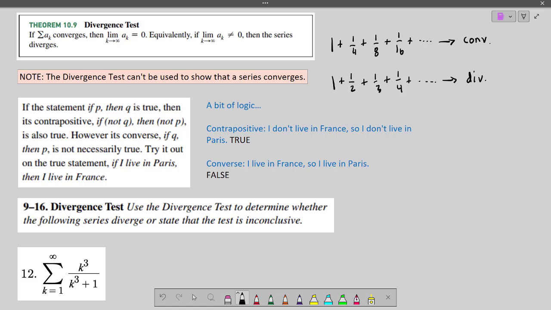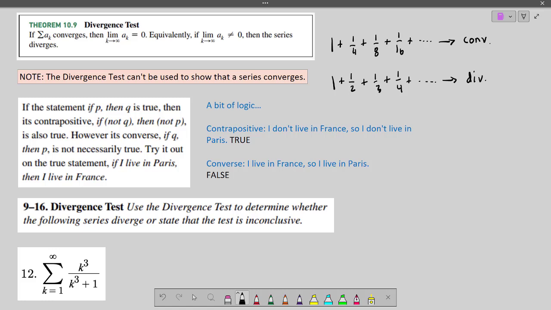So it's necessary that the terms go to 0, but it's not sufficient. Just because you're adding terms that are smaller and smaller doesn't mean that you will end up with convergence. So not only do they have to be going to 0, they have to be going to 0 pretty quickly. So again, that's what we're trying to analyze. What does it mean to be going to 0 quickly?